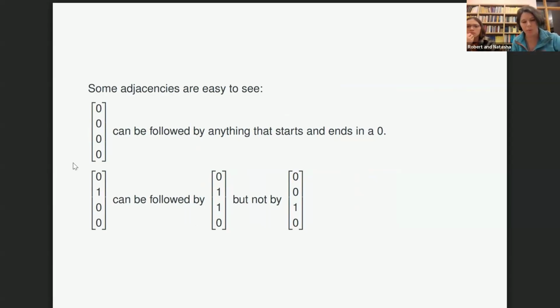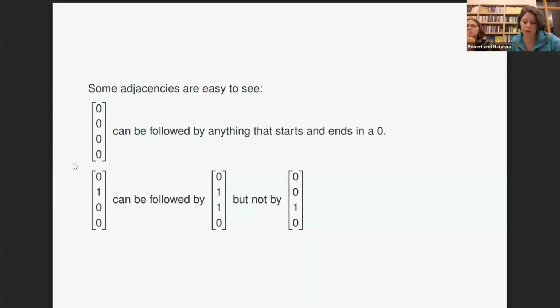And the column 0, 1, 0, 0 can be followed by 0, 1, 1, 0, because the ones line up and are connected, and the zeros are not connected, but they're as connected as they were. If you have a 0, 1, 0, 0 column, hopefully your zeros were already connected. And so adding another column with zeros connected to the ones you had should mean that your zeros are also still connected.